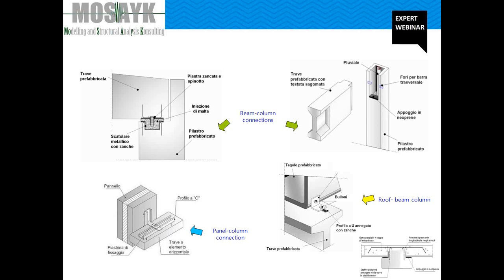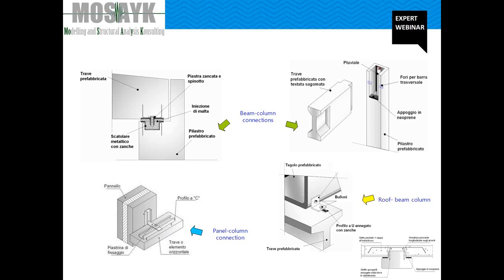Rarely and only in seismic zones, the vertical hole in the beam, which is usually obtained by a steel box with hollow rectangular cross-section, is grouted. Third type of connection, the roof beam and the double T beams are usually connected by L-shaped steel plate, reinforcing steel bar and cast-in-place concrete.